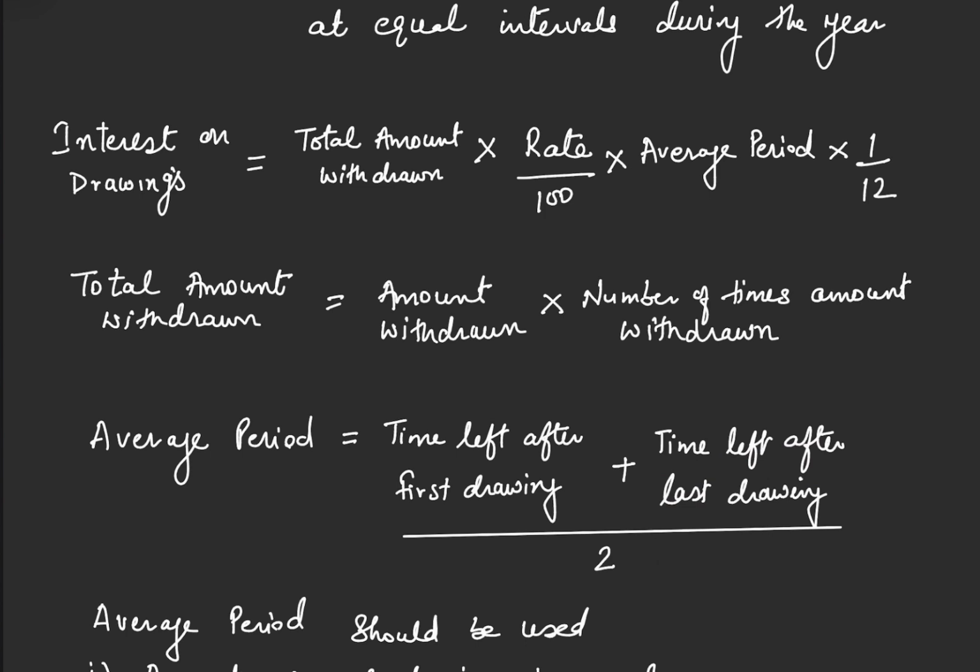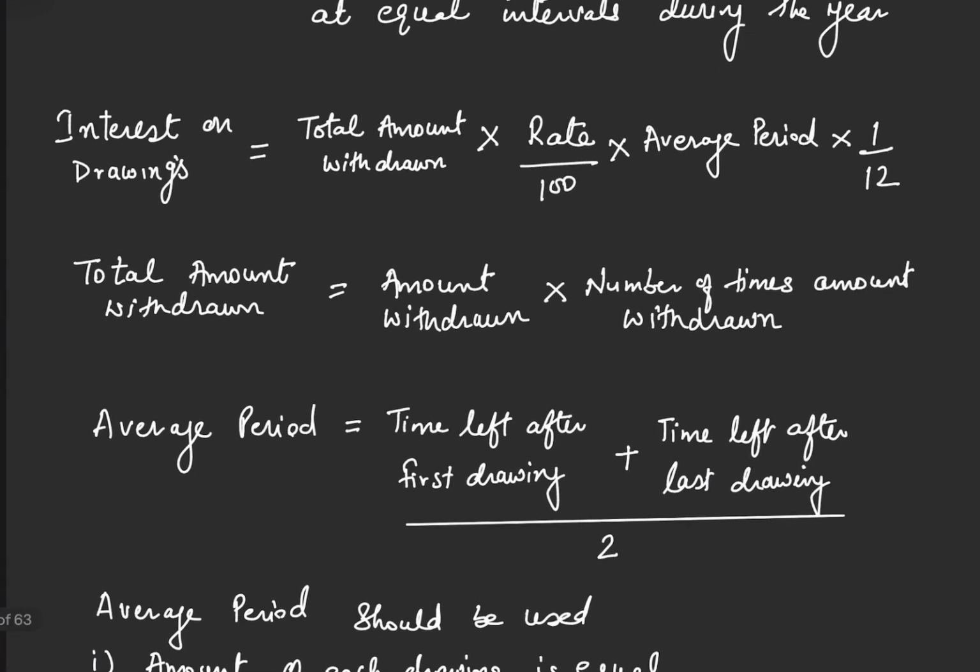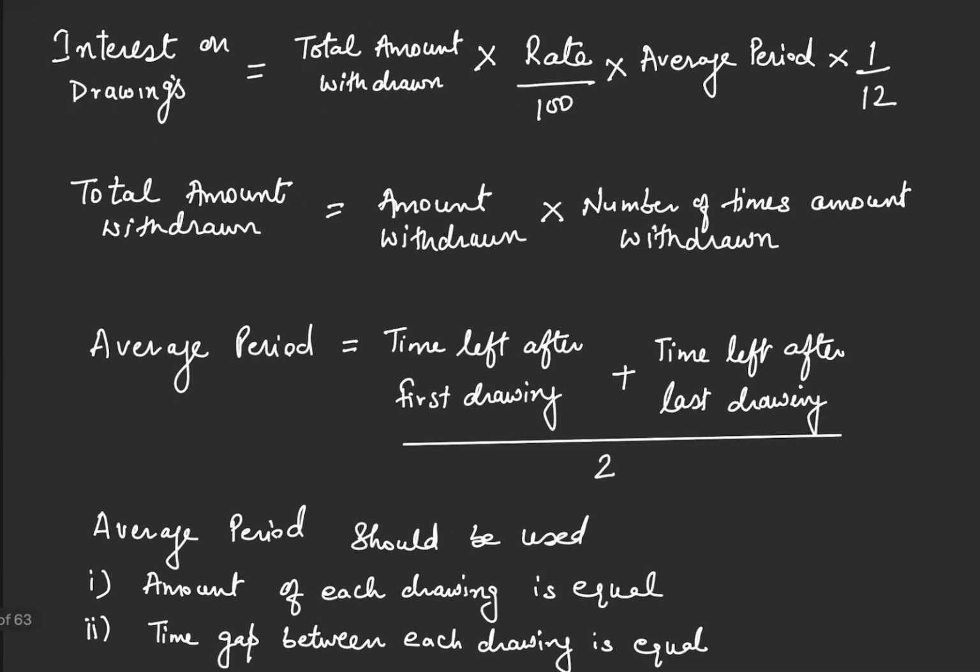So in this formula, we have to understand how to calculate the time left after first drawing or time left after last drawing. This should be related to the financial year. Now see that this average period should be used only when the amount of each drawing is equal. So if the partner is withdrawing different amounts and the gap between them is equal, please see that this method cannot be applied.